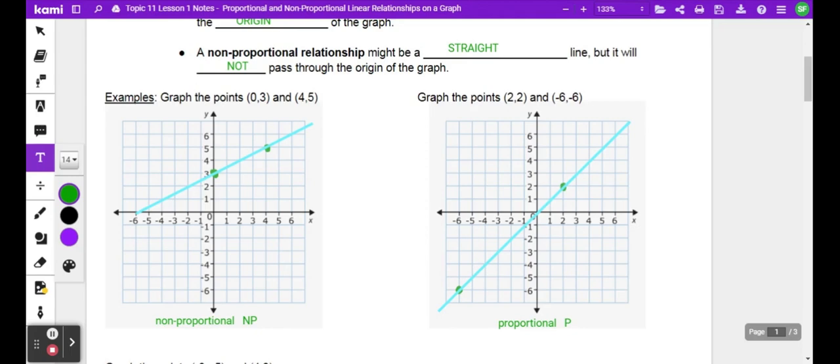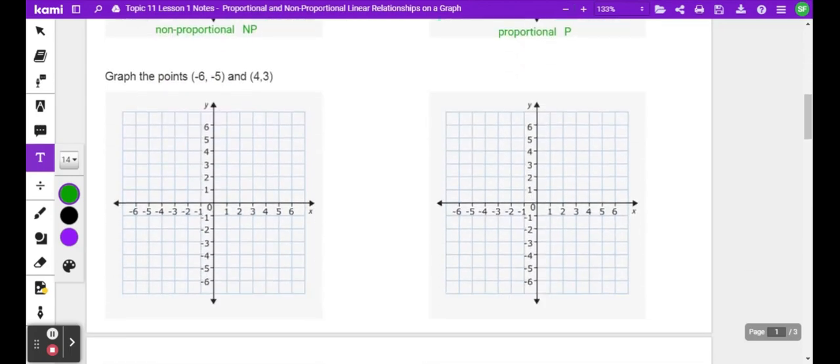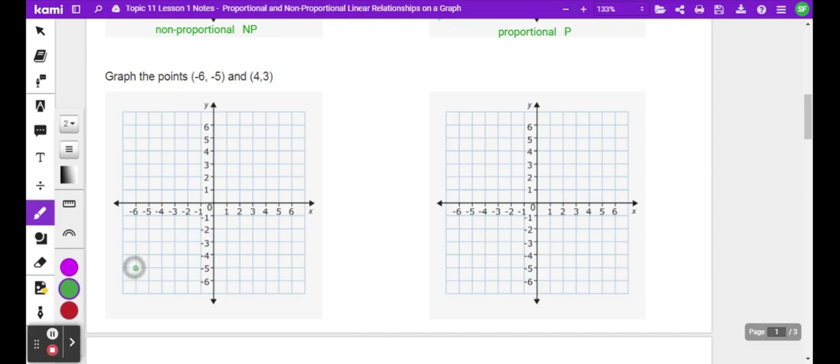Let's go ahead and look at the last two examples here at the bottom of the page. Again, I'm going to graph the 2 points before I make any decision about it being proportional or non-proportional. To graph -6, -5, I'm going to start at the origin, go left to -6 and down to -5, and plot my point.